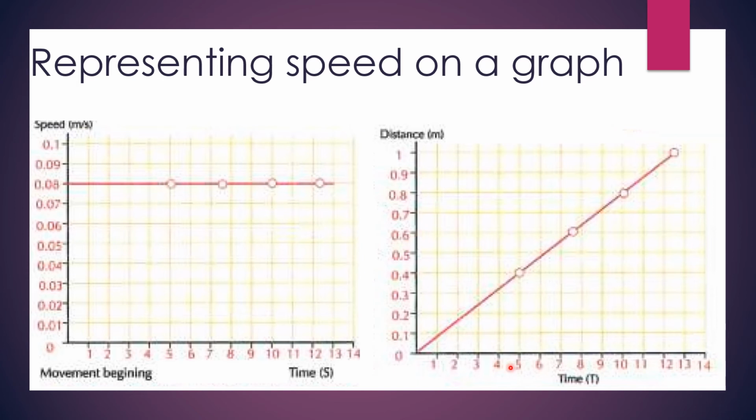Divide distance by time and you will get 0.08 meter per second. So these two graphs are representing different values, but they give me the same result. The object is moving at a uniform speed, the speed doesn't change, and the speed equals 0.08.